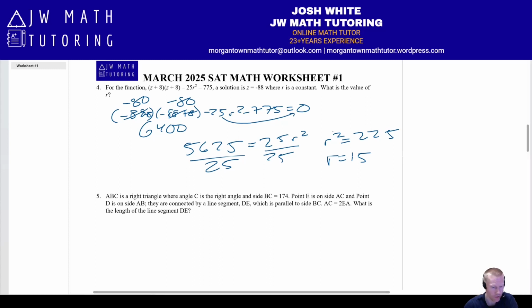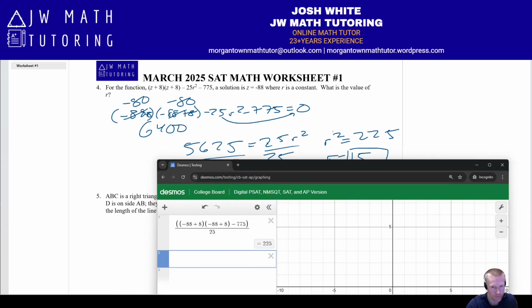So what is the value of r? Well, the correct answer is 15. And this is what you would put in as your answer. Now, of course, you could do all of this work in Desmos.